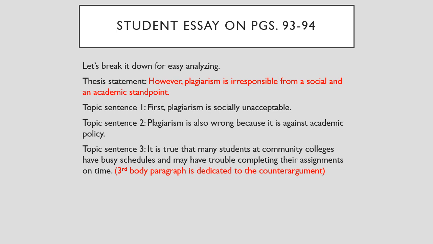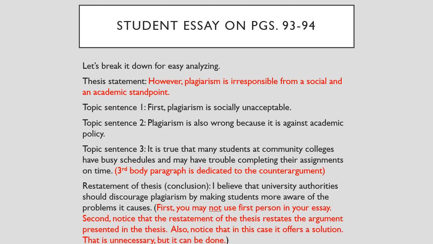So this to me is a brilliant structure. The first two body paragraphs directly support and explain your argument or your side of the argument. And the third body paragraph is your counter-argument paragraph. Okay? Then we have the conclusion.